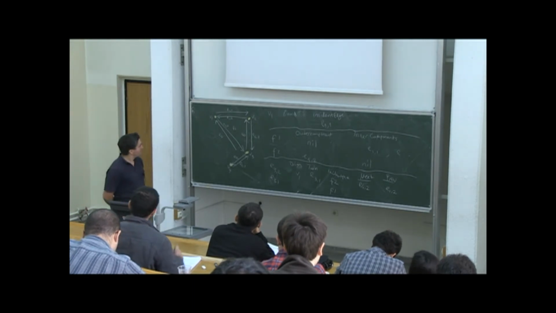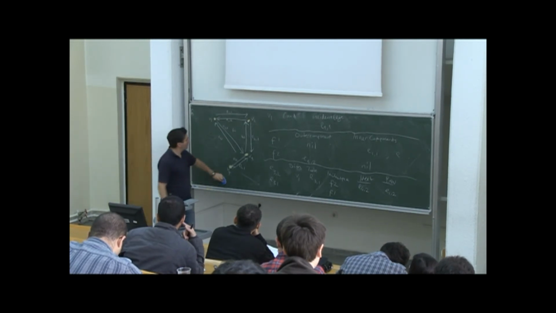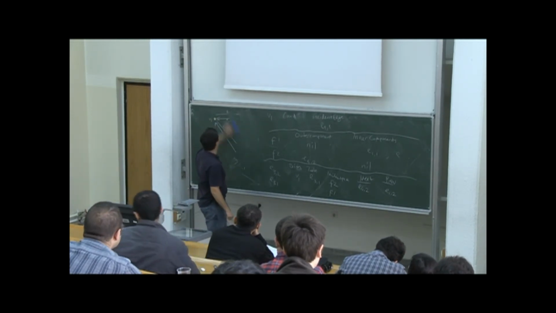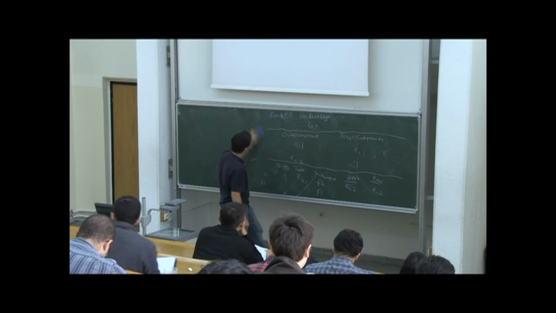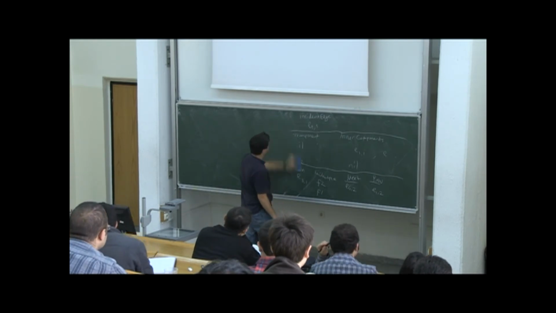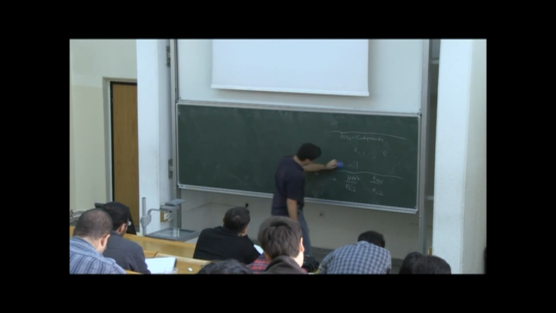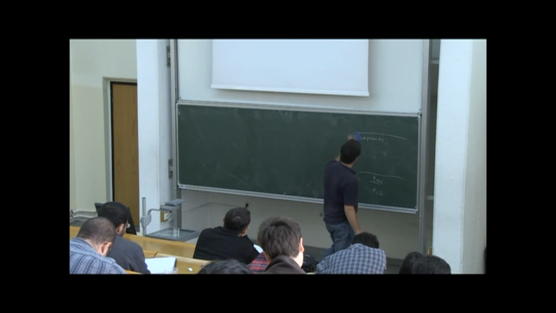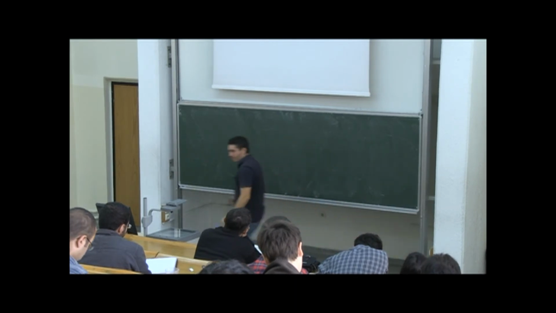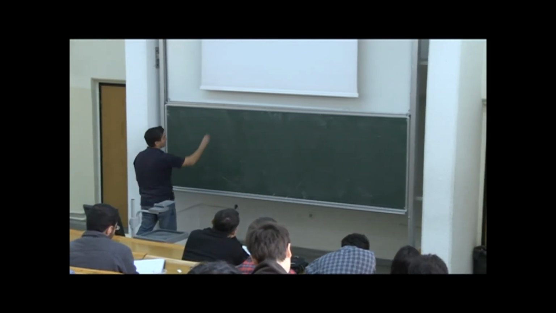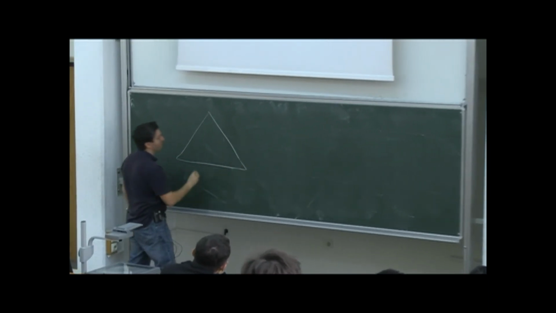Now, for example, let's try to represent this hole type of subdivision. What will happen? I'm going to use triangles, which are the smallest bounded cycles that I can have.